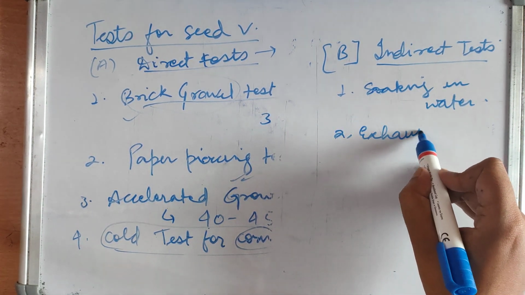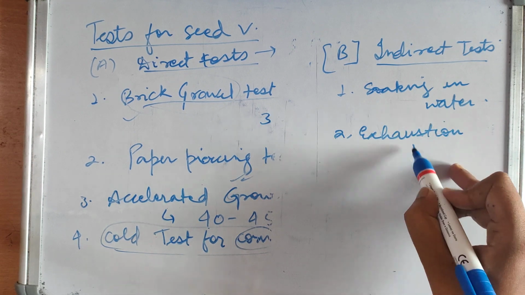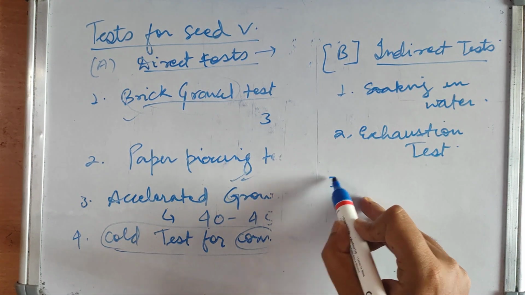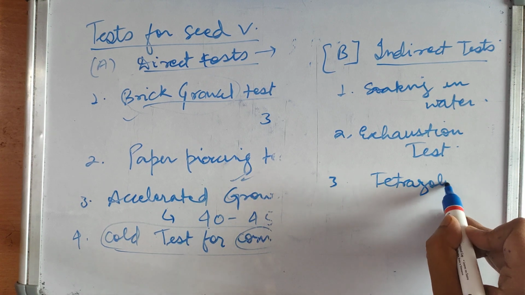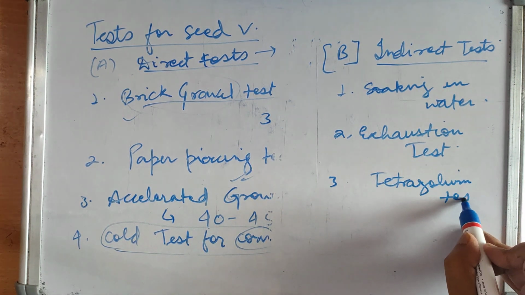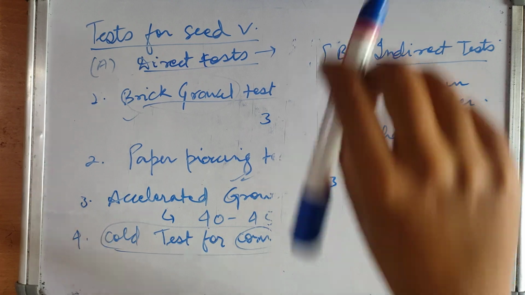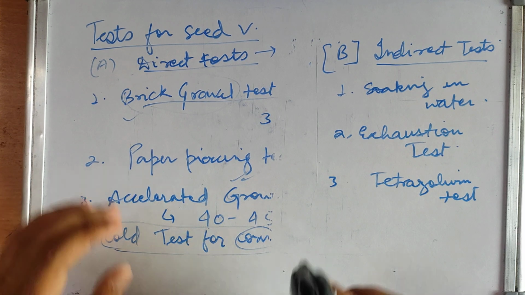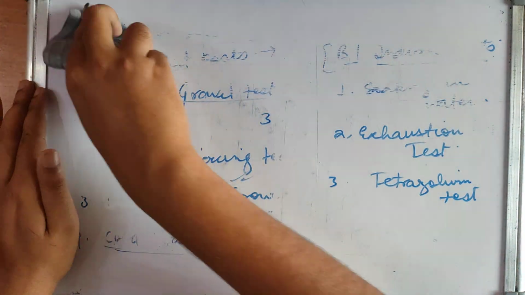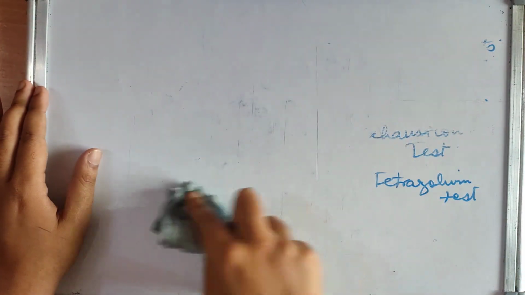Second is the exhaustion test. We will exhaust the seed. Third one is the tetrazolium test. We will test the seed with tetrazolium and then look for the change in color of the embryo. These are mainly 3 indirect tests. So this is how you can test for seed vigour.